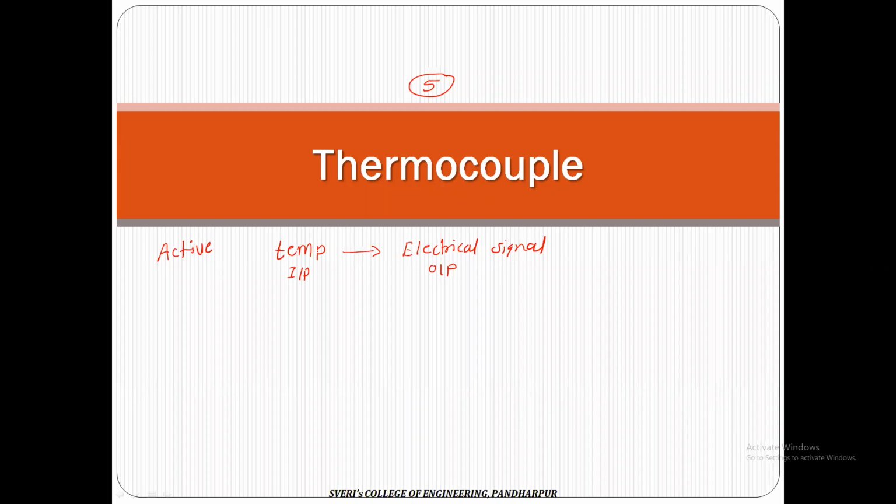The temperature is converted into a proportional value of an electrical signal, and for that process, the thermocouple does not require an external energy source. That's why it is called an active type of transducer. So the very important thing is that the thermocouple is an active, temperature, electrical type of transducer.